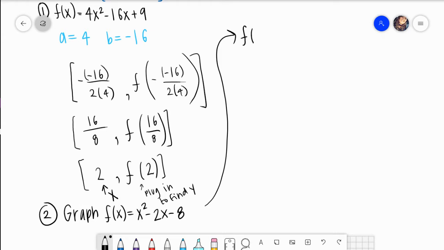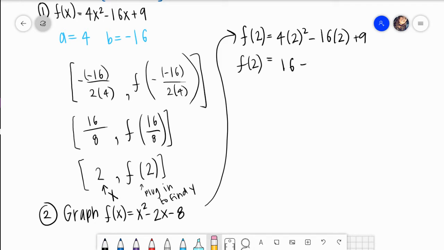So I get f of 2 equals 4 times 2 squared, negative 16 times 2, positive 9. So 2 squared is 4. 4 times 4 is 16, minus 16 times 2, which is a negative 32. Signs are different, so it's negative. And then I have my positive 9.